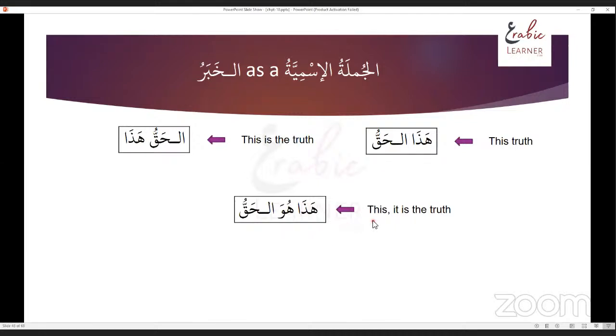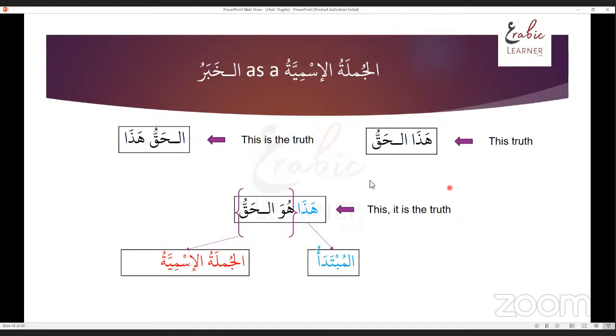Hada is mubtada. Then what else? Yes, huwal haqqu is khabar. What is huwal haqqu? It is the truth. And that is Jumla Ismiyah.